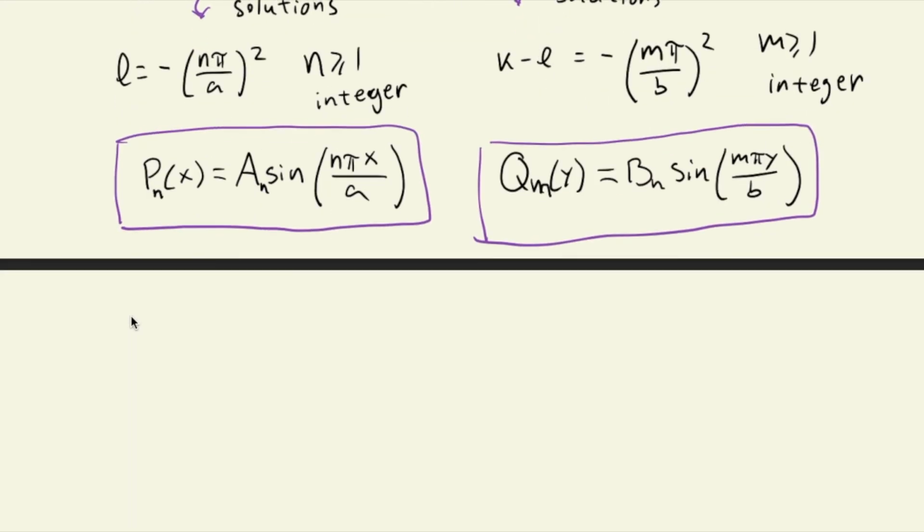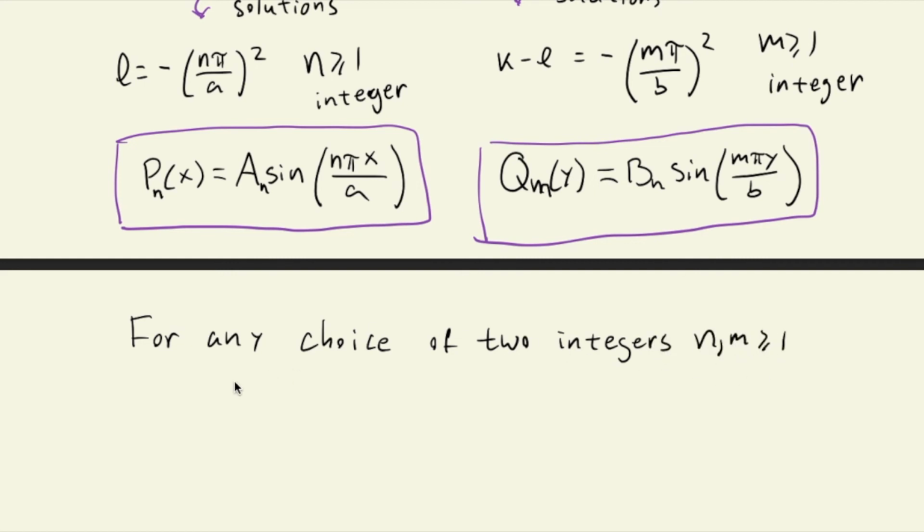So for any choice of two integers, n and m greater or equal to 1, then we can define this function f n m of xy. It's just the product of P n of x and Q m of y.